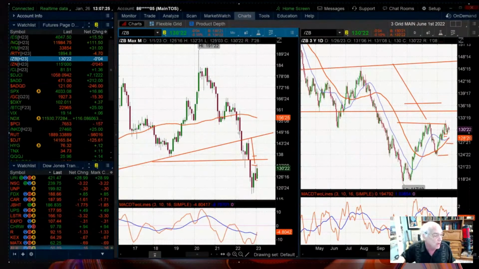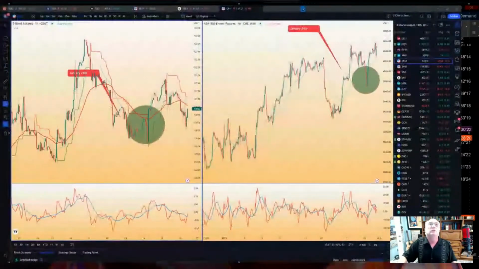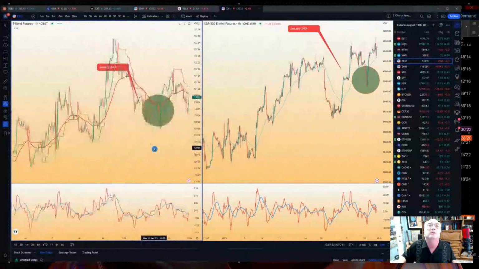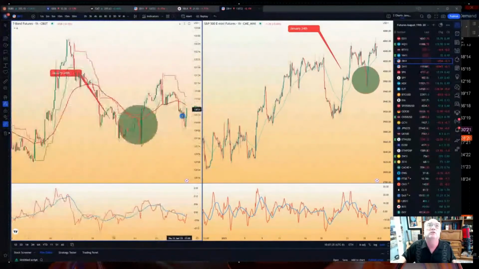And this is why I'm looking at this. I move over all my screens here. There you go. So here's the bond futures on a 1 hour chart. As you see, they've had a little bit of an uptick in the last hour or two. But right here, that circle is January 24th.